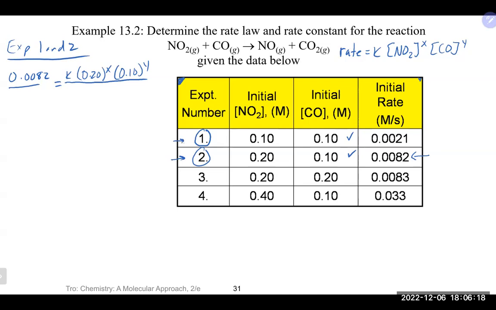Experiment number 1 goes on the bottom, so that would be 0.0021, k, 0.1 to the X, and 0.1 to the Y.